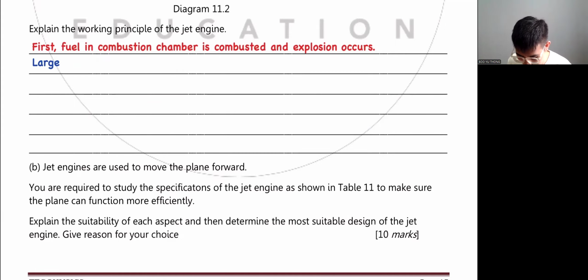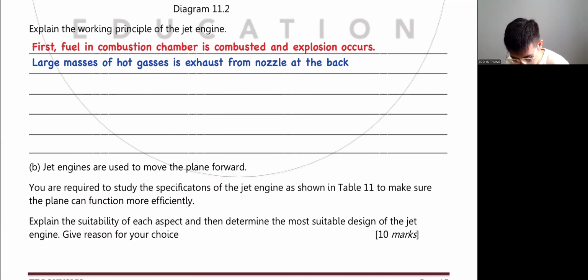If you want to be more specific, you can say large masses of hot gases are exhausted from the nozzle at the back of the jet engine at high velocity.